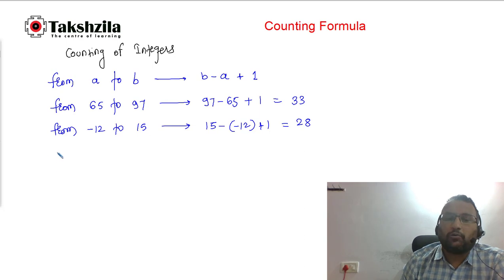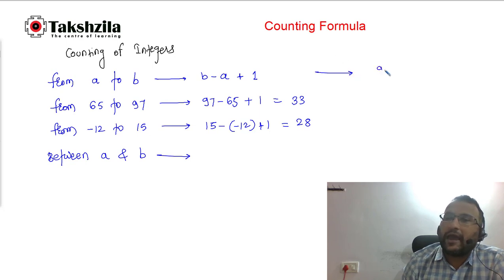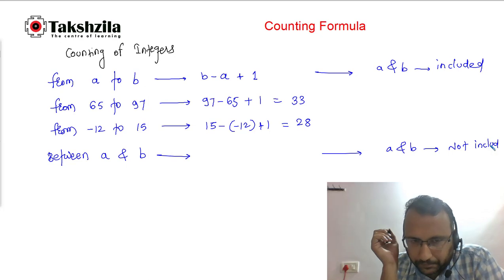But if I ask you how many integers are there between a and b, over here a and b are not included. Let me write over here. Over here a and b are included. And over here a and b are not included. Between means not included if it is not mentioned.